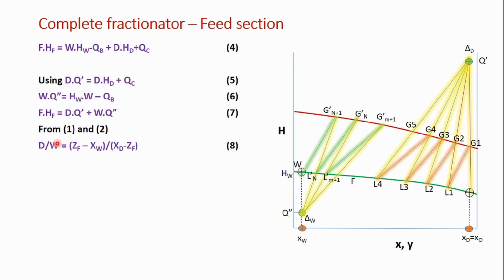Alright, so from the overall balance and the component balance, if I eliminate the feed term F, and in place of F I put D plus W, then I can get the ratio D by W as ZF minus XW by XD minus ZF.